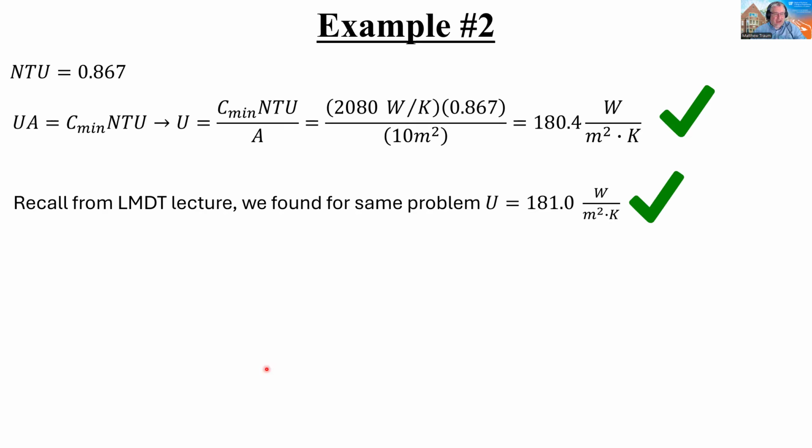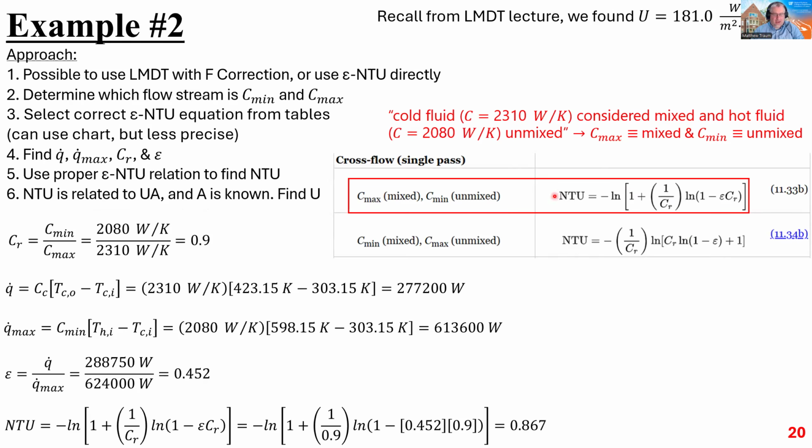Usually when you've got shell and tube heat exchangers or crossflow heat exchangers, all of the complexity is already accounted for in the Effectiveness-NTU equation. So that's usually the way to go for those kinds of problems, unless you're given a problem that's specifically set up to be solved by LMTD.